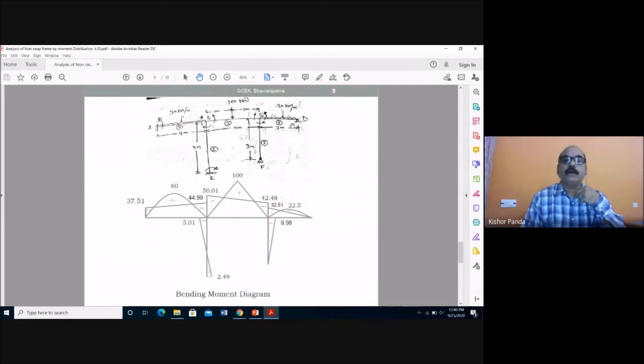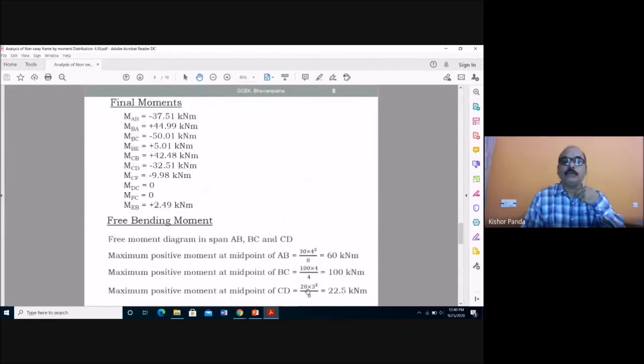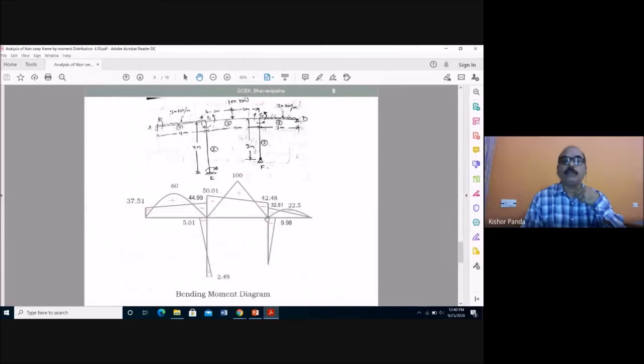Similarly here you have UDL, so what is the maximum moment? WL²/8, 22.5 positive moment, and this is also parabolic. Draw the parabola, and here this is negative. This portion cancels, so here remaining this is positive, and this is negative.